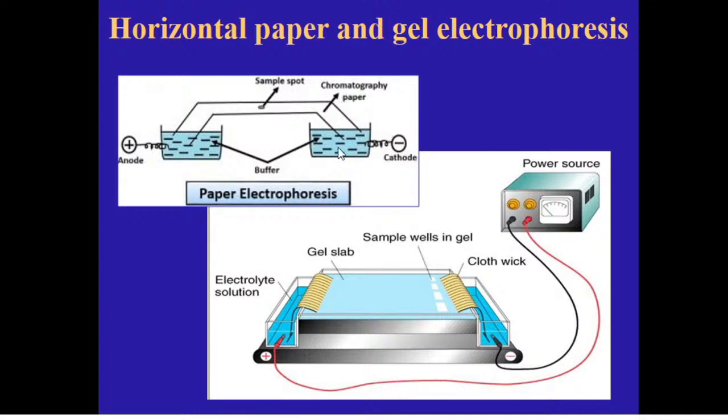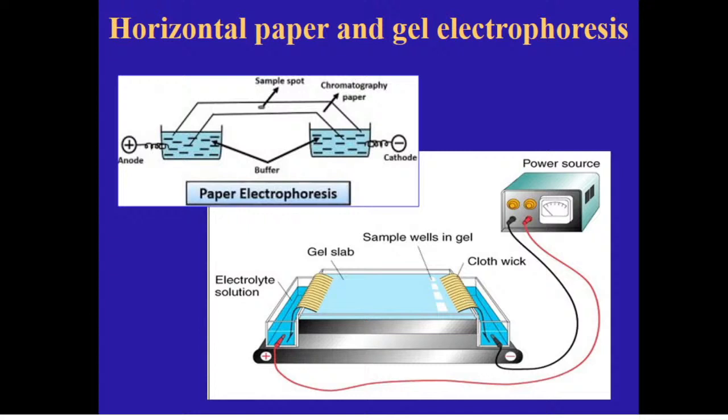If we create a constant electric field and put into the buffer solution a piece of paper, this coarse chromatographic paper, we can put a spot of sample, for example blood serum or blood plasma, and separate proteins depending on their charge.